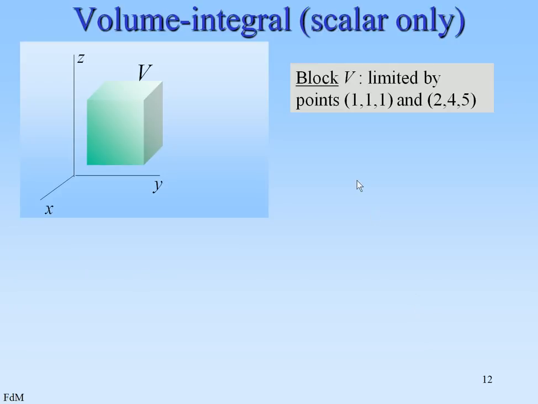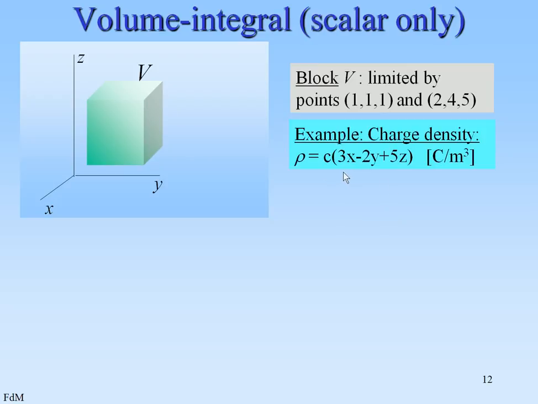The volume integral. We only do the scalar form. And suppose we have a block V, and that's limited by points 1, 1, 1 and 2, 4, 5. It's given here, 1, 1, 1, 2, 4, 5.